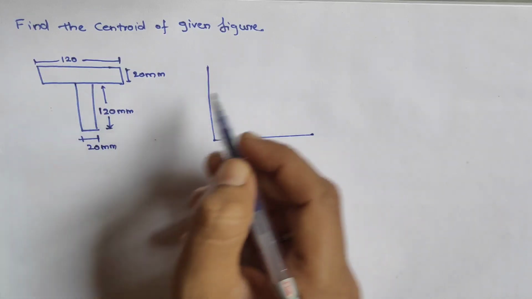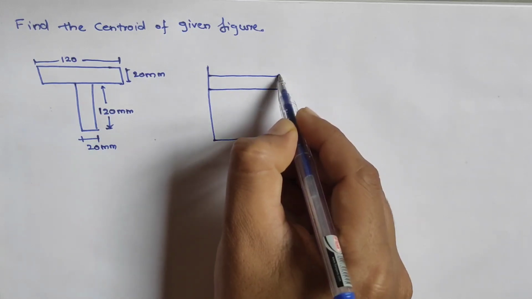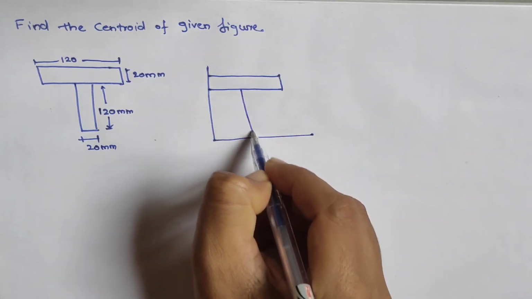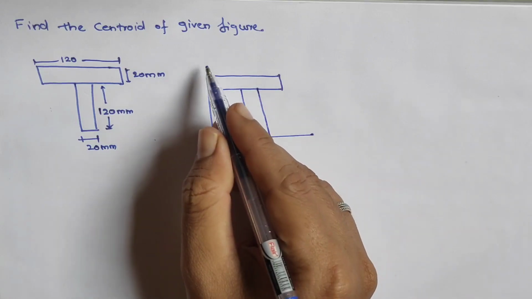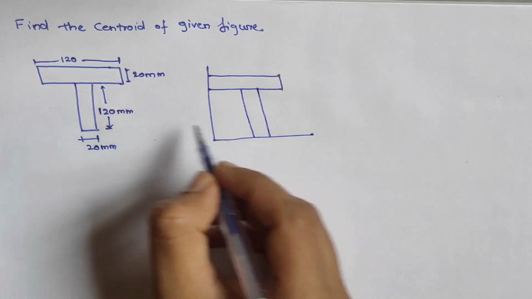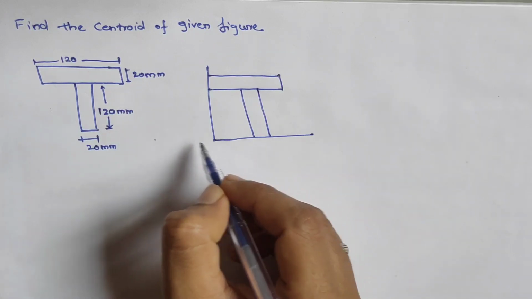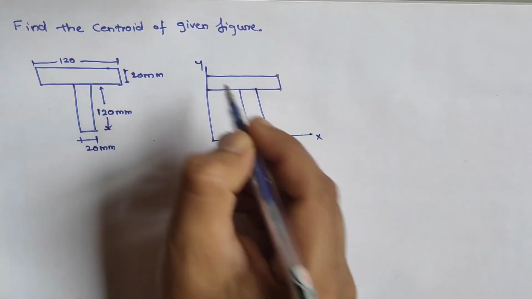Now draw the figure as it is, but the y-axis should touch the leftmost part of this T section and the x-axis should touch the bottommost part. So this is the x-axis and this is the y-axis.